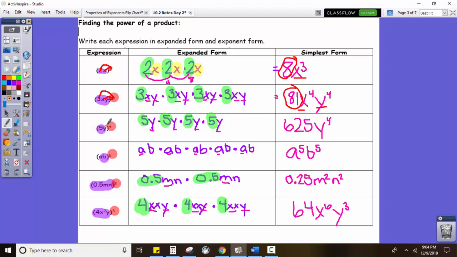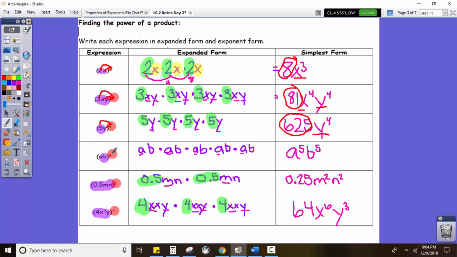Next one, I'm going to take my power of 4 and distribute it to the 5 and to the y. So 5 to the 4th is 625. That's where 625 came from. And then y to the 4th is in my expression right here.